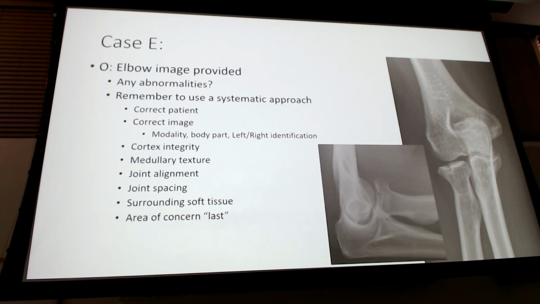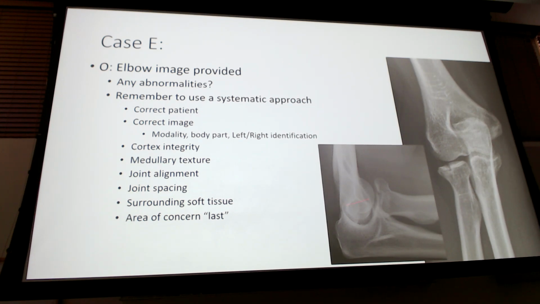We use that posterior fat pad sign when we're evaluating an elbow image for a fracture, and we don't see a fracture. I can't see one. This looks normal to me. Now I'm going to shift to that posterior fat pad to verify that it's normal, because it's really using that to find those occult fractures, or just say, I can't see it, but I know it's there because I have the fat pad.